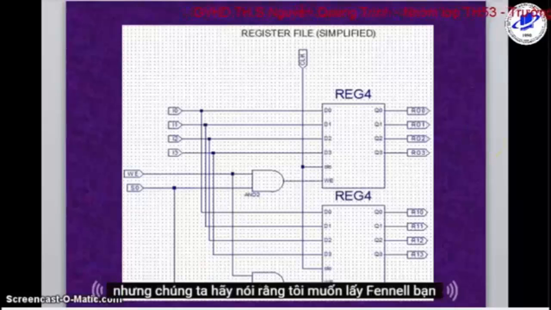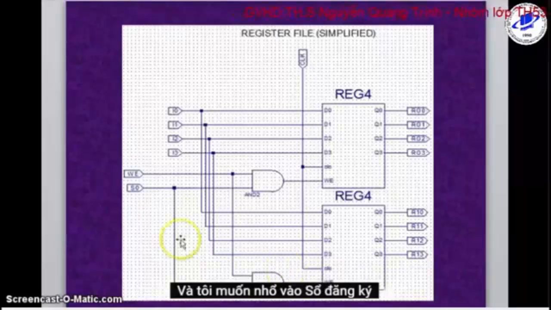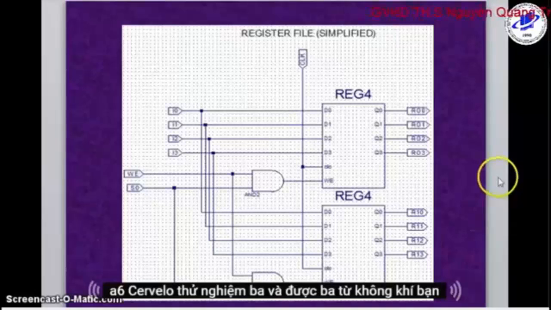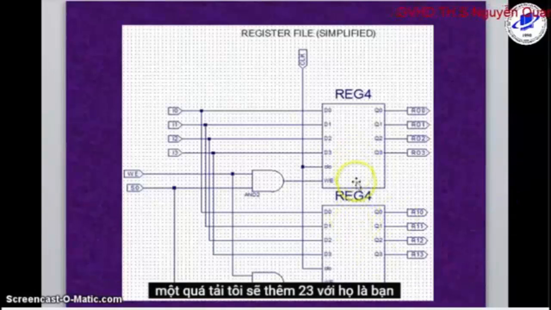But let's say I want to take from the ALU and spit into the register a 3, and I have a 6. So I would load a 3, and I would get a 3 from the ALU, and I would add the 3 with the ALU, making a 6.